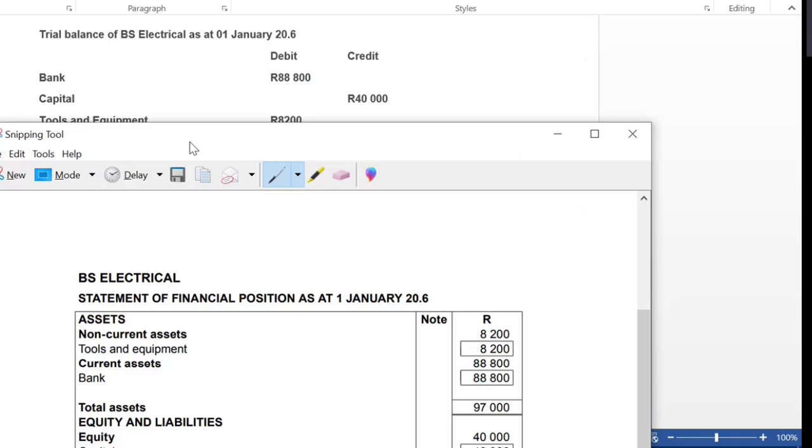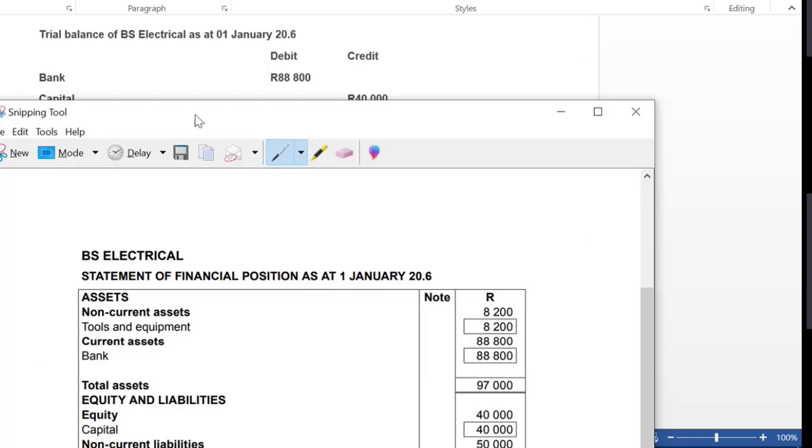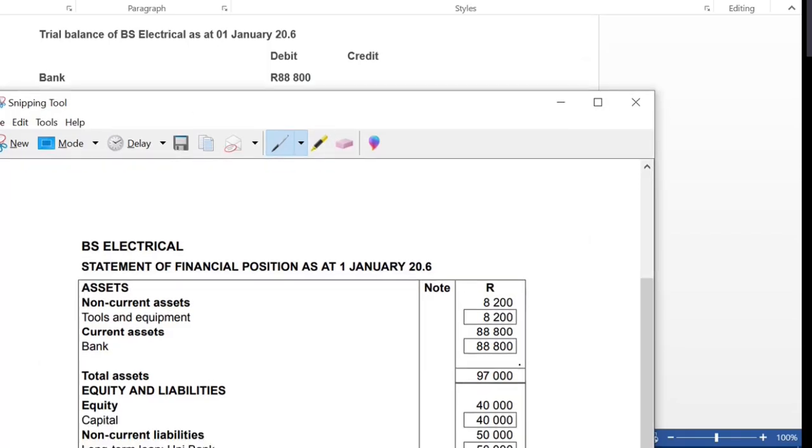The first account is tools and equipment. How much is it? 8,200. You take it from the TB. The current asset is the bank, and the 88,800 comes from the trial balance.